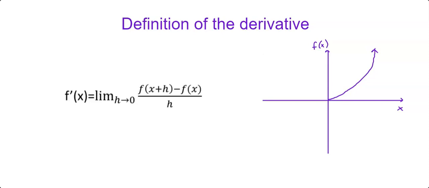If I take some function and evaluate it at some point x, where the y coordinate is f of x, and then I go a little bit further on, let's say that's your x, and let's say I go over a little bit more, a distance of h. That would make this x plus h, and then up here would be f of x plus h.